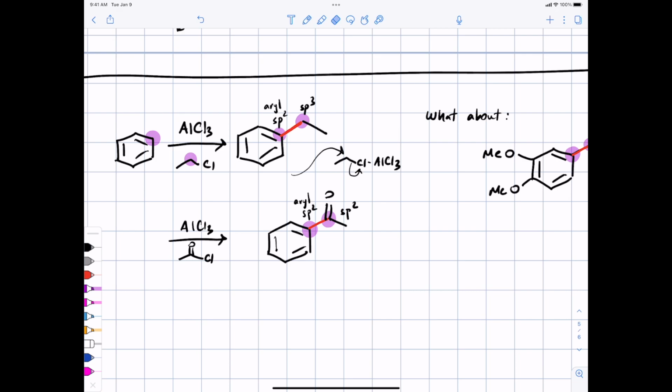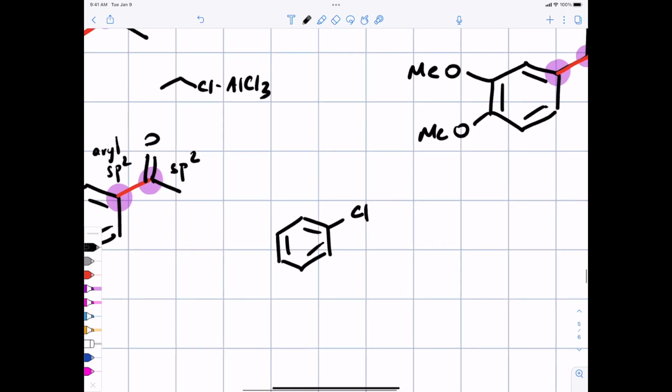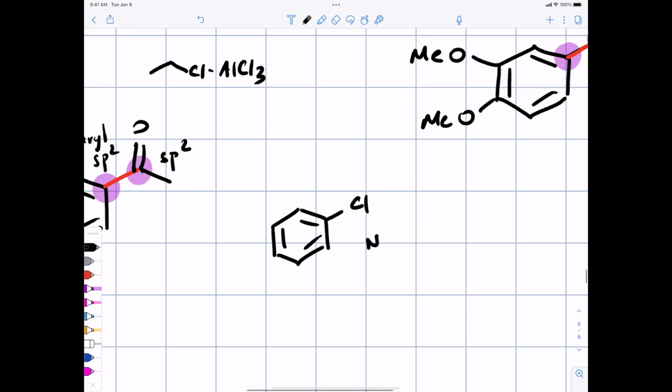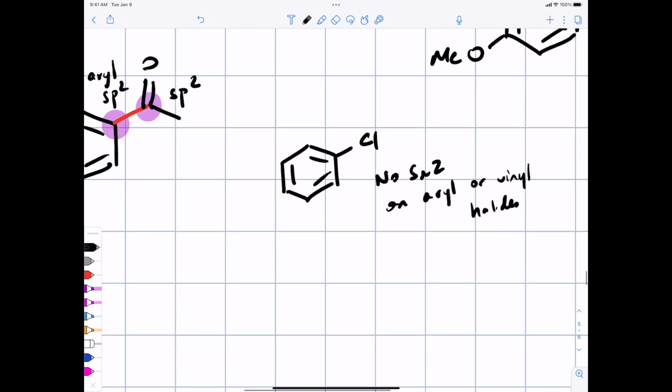And we've never done an SN2 reaction on something like this. You see that, you think, oh great, a leaving group. Can I do an SN2 reaction? There's no SN2 on aryl or vinyl halides. Here's a vinyl halide, here's an aryl halide.